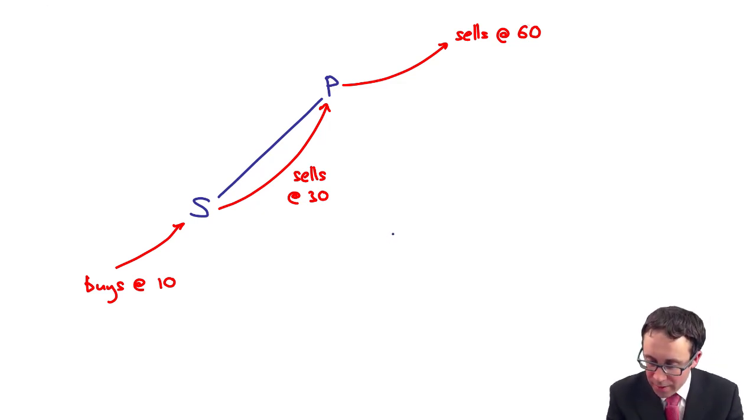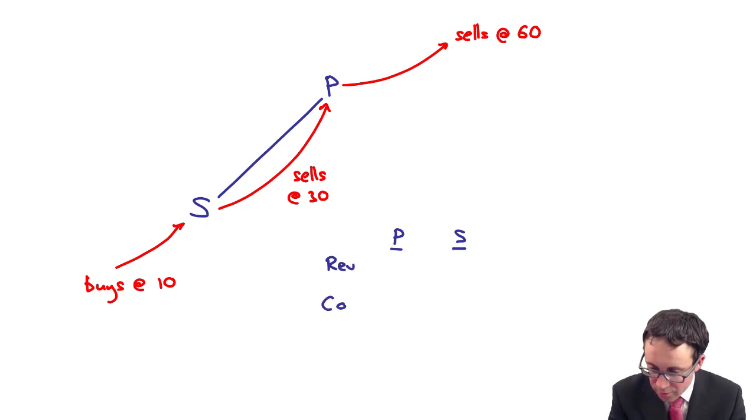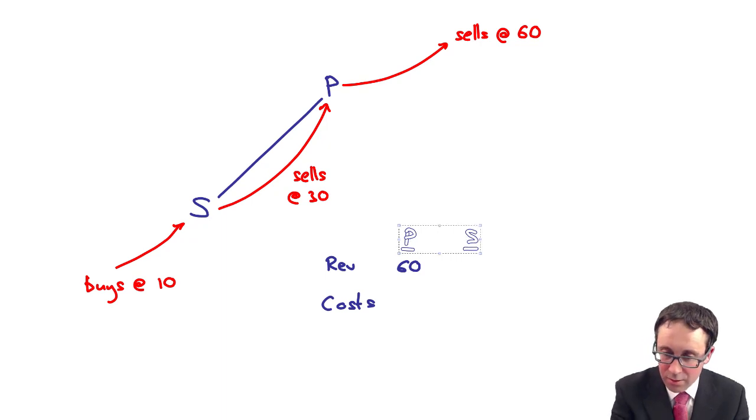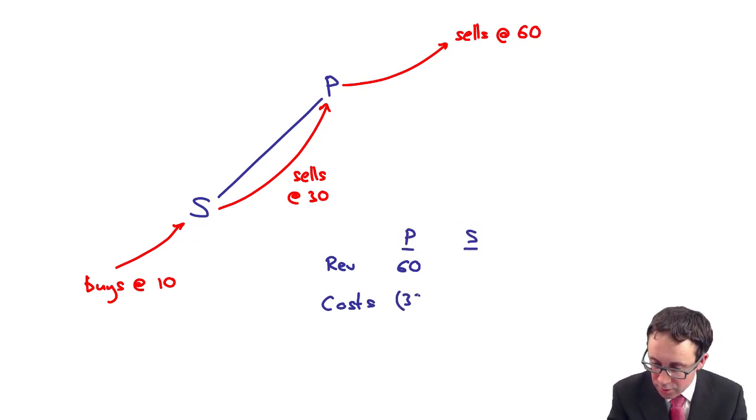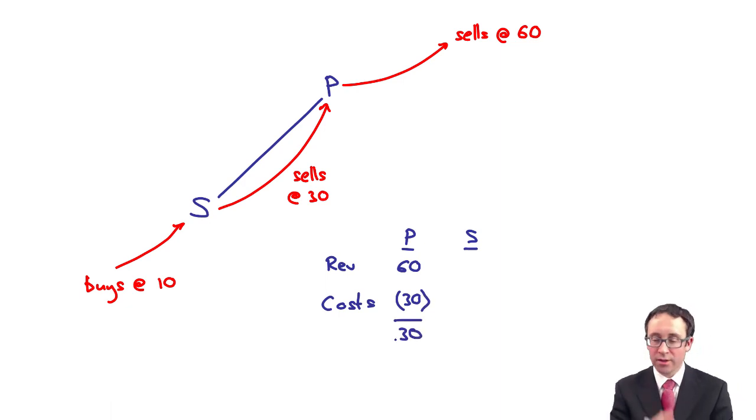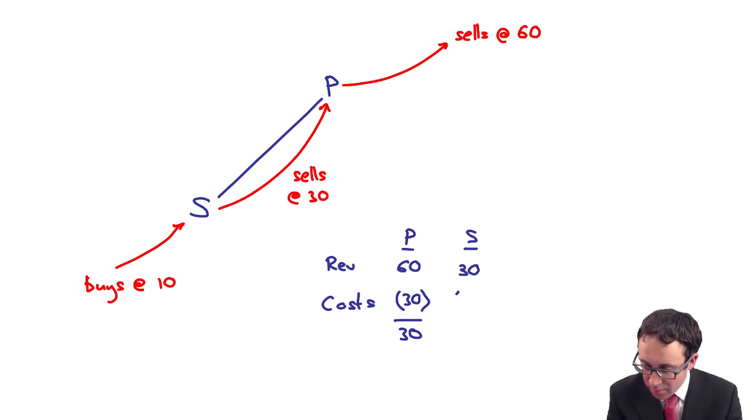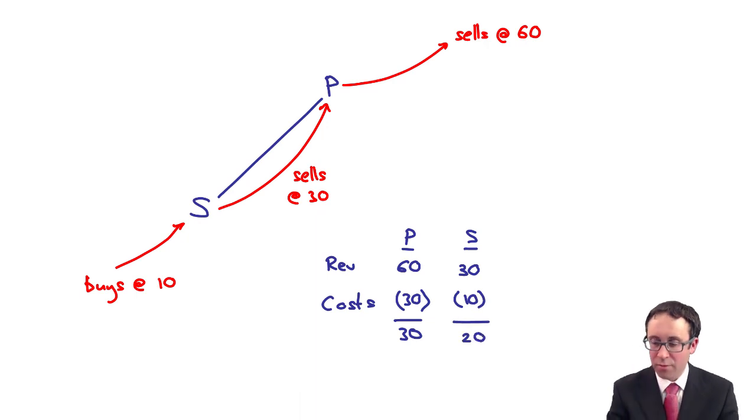If we look at the consolidation of revenue and costs, P has revenue of 60 on costs of 30, giving me a profit of 30. S has revenue of 30 on costs of 10, giving me a profit of 20.